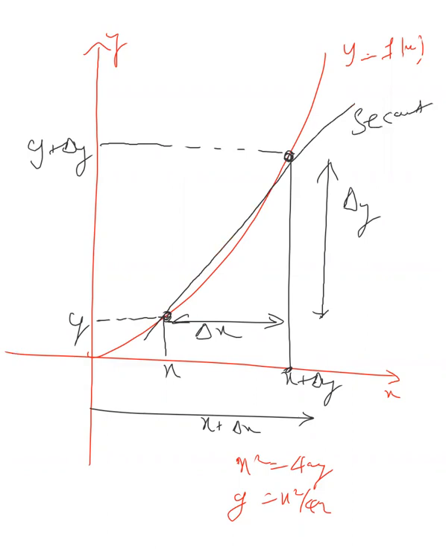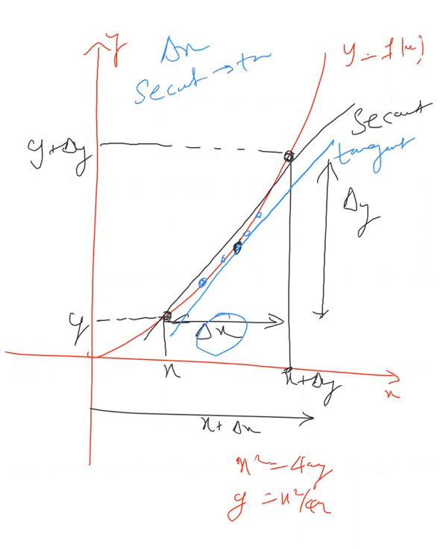But if you bring these points very close to each other like this and like this, they will become a single point, and the line drawn at that single point is called the tangent to the curve. In the process of decreasing delta x, the secant has become the tangent. The tangent is a line which touches the curve at a single point.